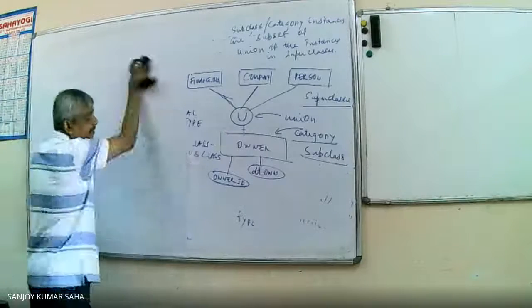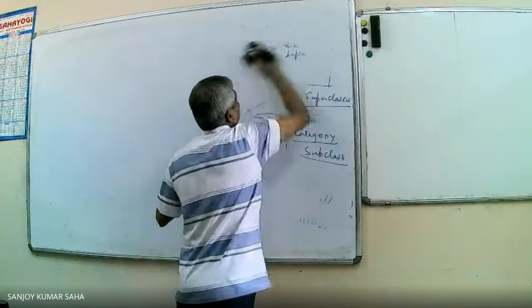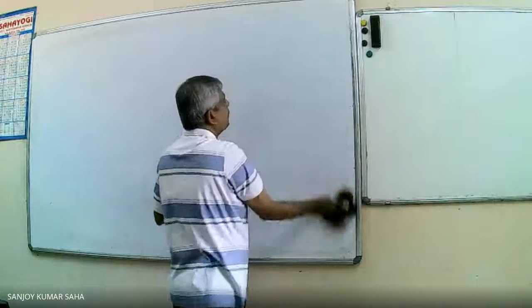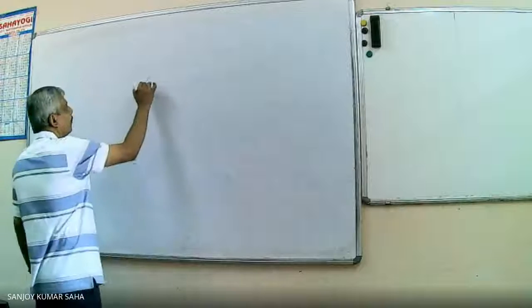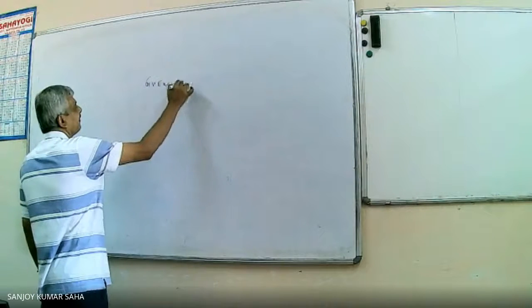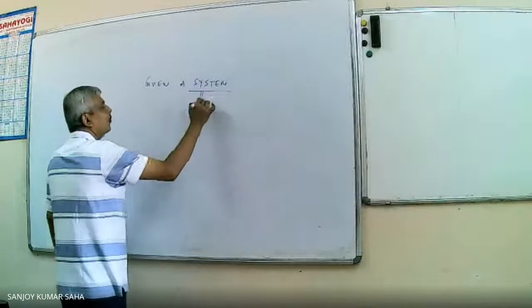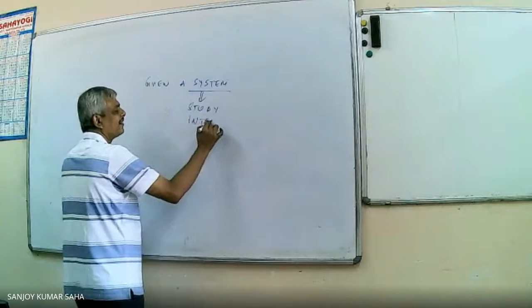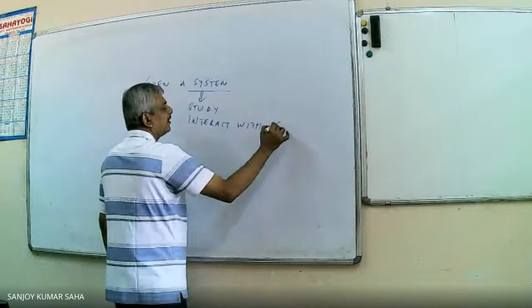So that's all for the ER diagram and the corresponding mapping issues. Now, given a problem, given a system, we have to study the system and interact with the users.